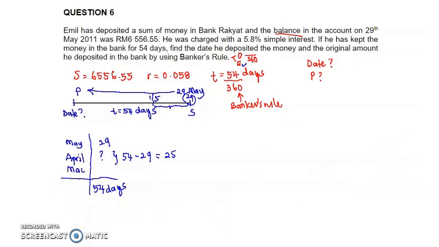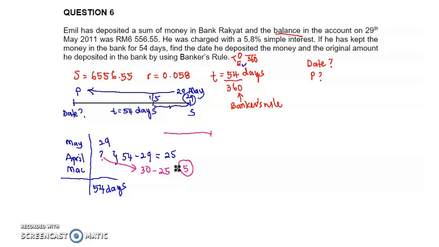We know that April has 30 days, right? So we need another 25 days. So 30 minus 25 will be on the 5th. Okay, so this is the date. So it is like this.